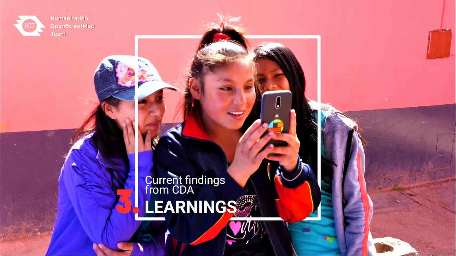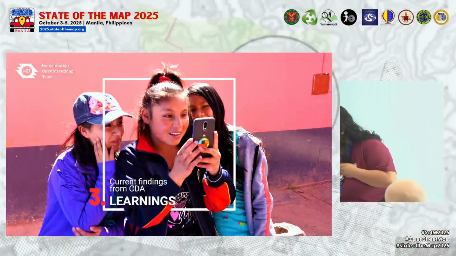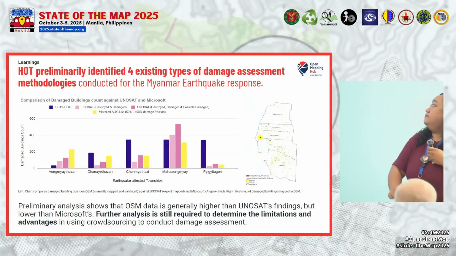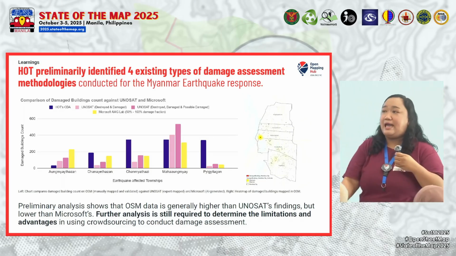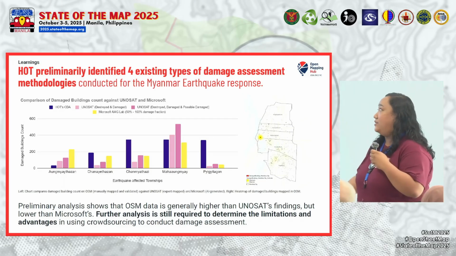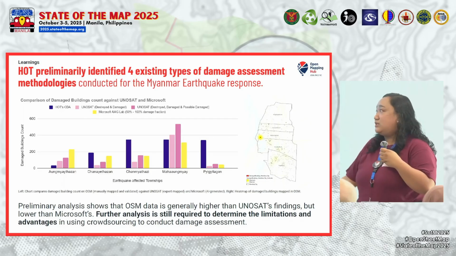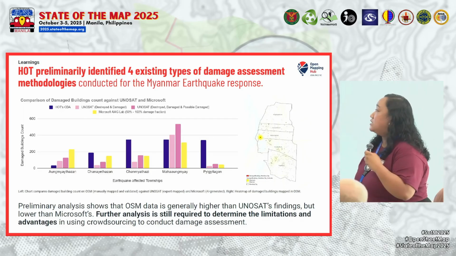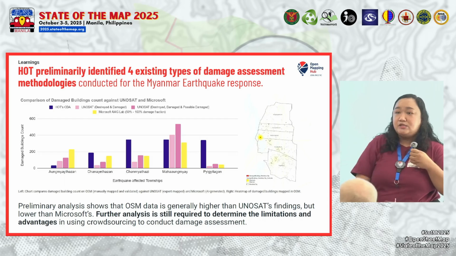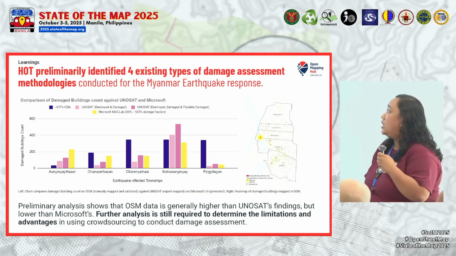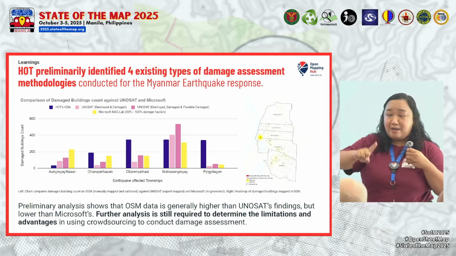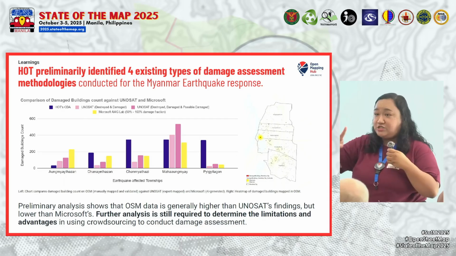Okay, so here are our current findings from the CDA. Aside from the CDA, HOT has identified other damage assessment methodologies, such as UNOSAT. For UNOSAT, they have three types of damage: possible damage, damaged, and destroyed.